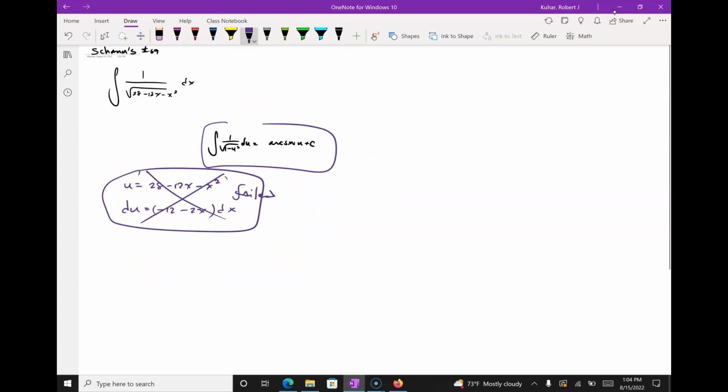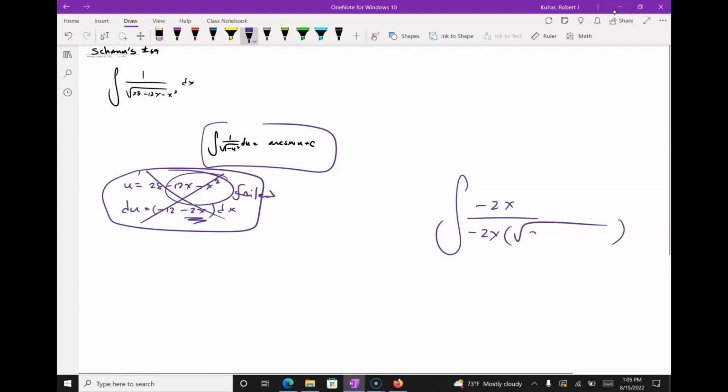Like if I said, oh, I need a negative 2x, so let me multiply the top by negative 2x, that means I also have to divide by a negative 2x. You can see it's already way more complicated than before, and it's not going to fit the arcsine version anymore. So I see it fails.